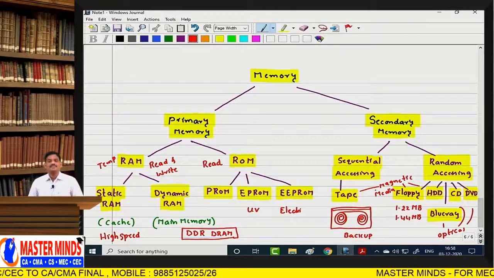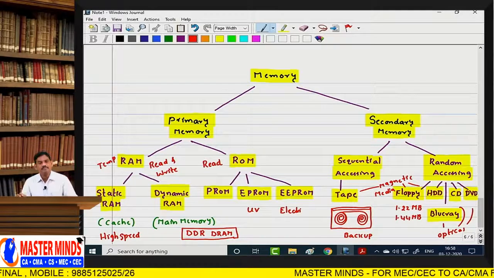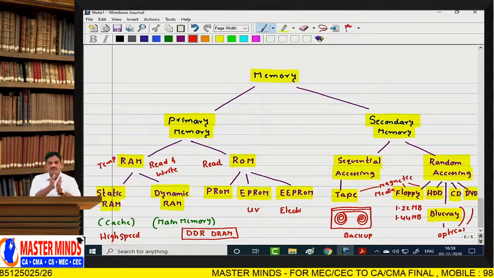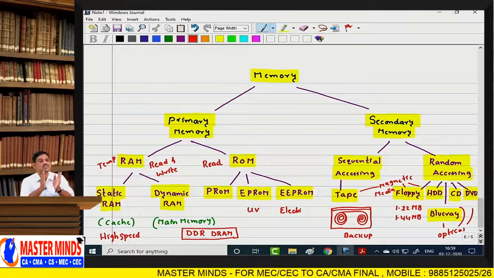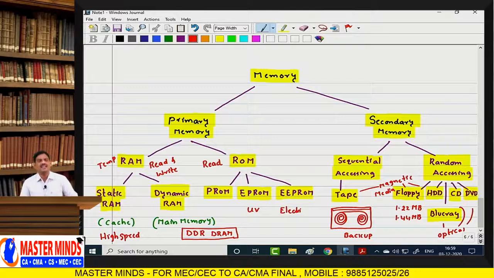Memory is an area where we can store data or instructions either temporarily or permanently. Random access memory is a temporary memory. Read-only memory is a permanent memory, but we cannot store our data onto the ROM. That's why we go for a secondary memory.